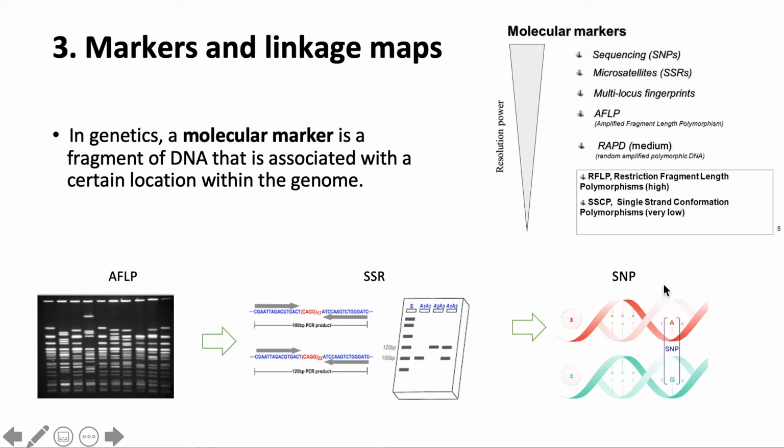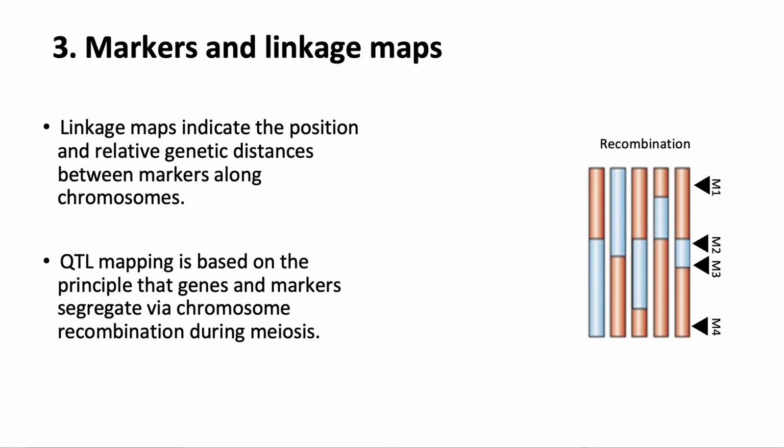They are changes in just one nucleotide, and that is why they are so abundant. Basically, molecular markers are just differences in the genomes that have a location in the genome we're working on.